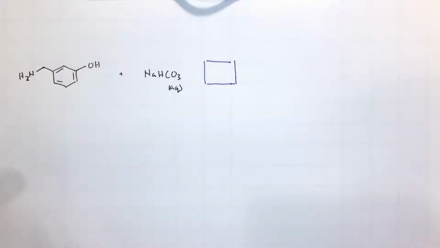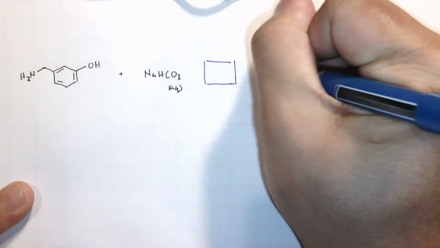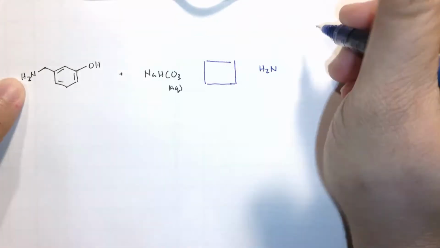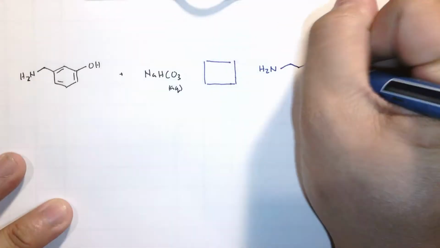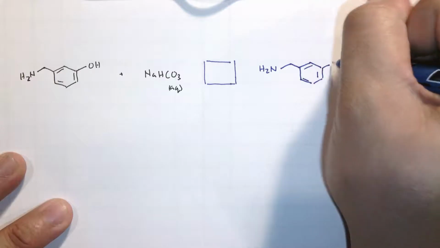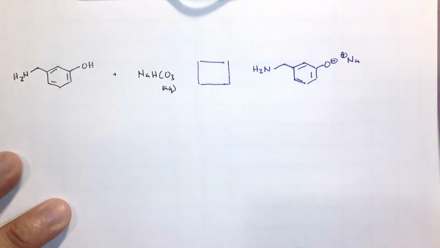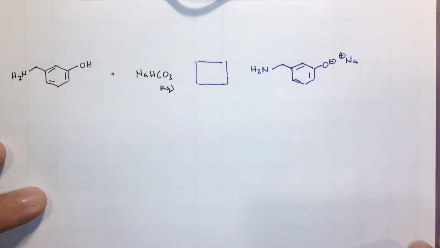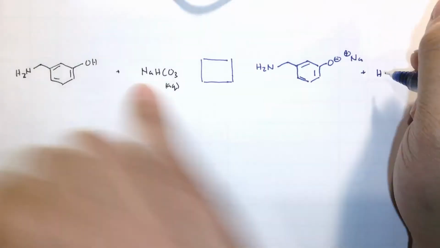Well, first of all, to get the equilibrium arrow, we got to figure out what the products are. This group is basic, so it's not going to be deprotonated by this base. So that stays the same. But look at my conjugate acid. My conjugate acid actually now is not water.